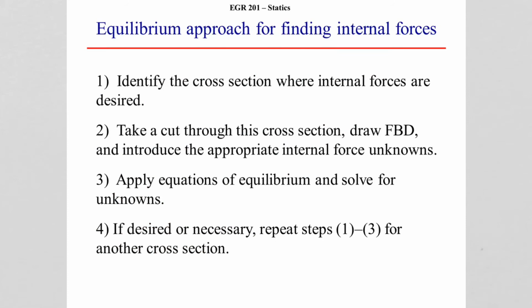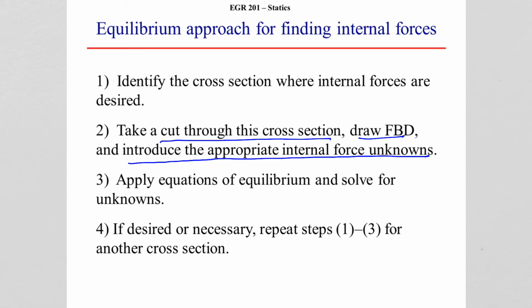So how do we solve for these internal forces? There are a couple methods of doing this. The first one is this equilibrium approach for finding internal forces. What we do in this approach is we identify the cross-section that we're interested in, and then take a cut through that section of where we're interested. We draw our free body diagrams, and then introduce or draw in our appropriate internal forces or unknowns.